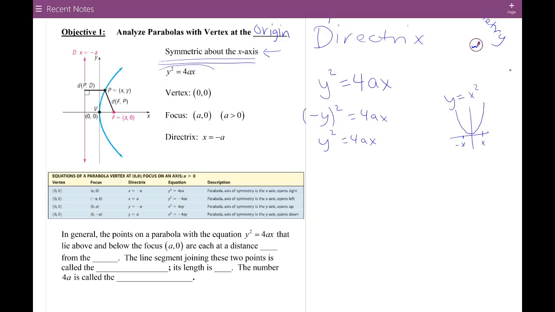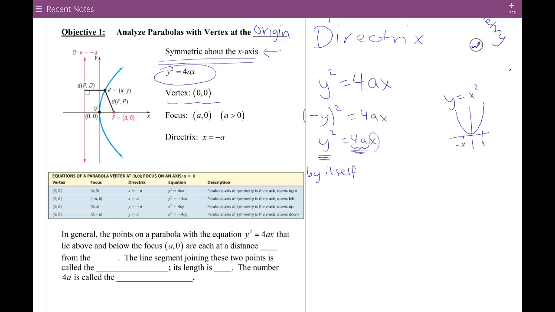So the equation looks like y squared equals 4ax, and we write this for a specific reason. This quantity 4a is an important quantity that tells you about the shape of the parabola. The y squared is going to be by itself on one side, then whatever's multiplying the letter that's not squared, that's going to be 4a, and it's going to be an important quantity for us for drawing the graphs.